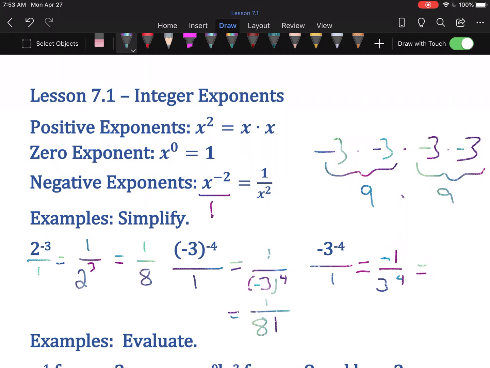So now we have negative 1 over 3 to the 4th power. 3 to the 4th power, we just figured out, is 81. So a negative exponent says, move me to the other part of the fraction. Parentheses are important because they'll tell us whether the number we're multiplying is negative, or a lack of parentheses will tell us the answer is negative.